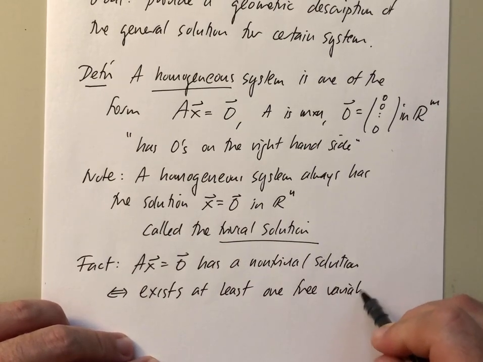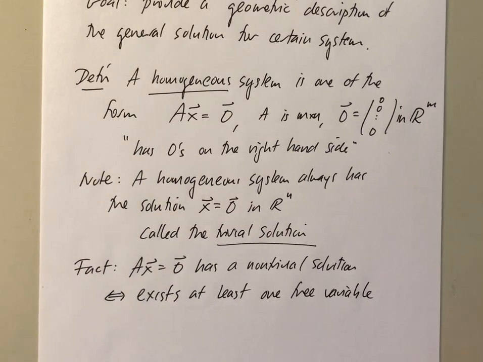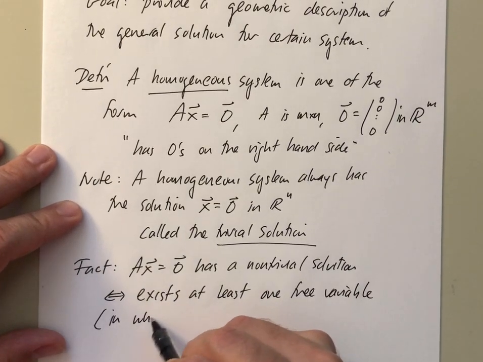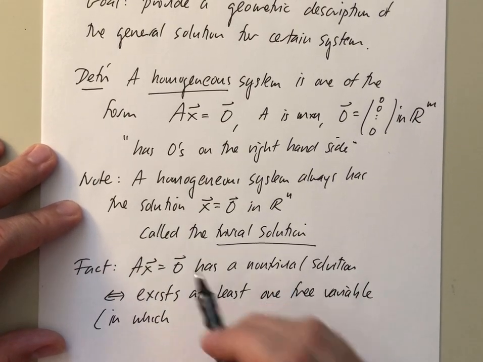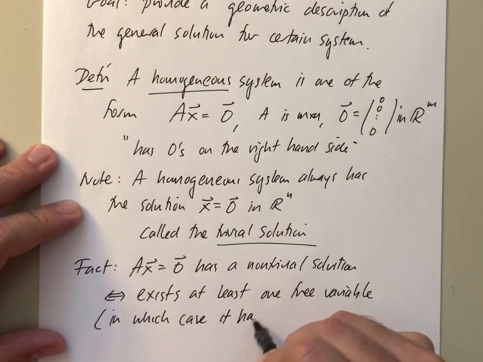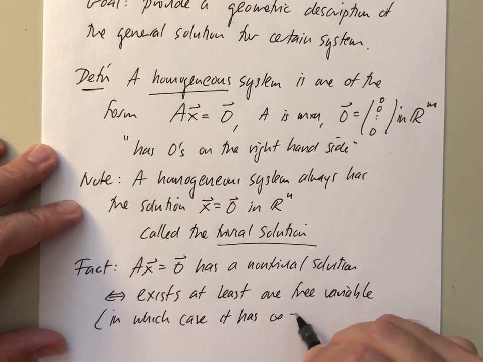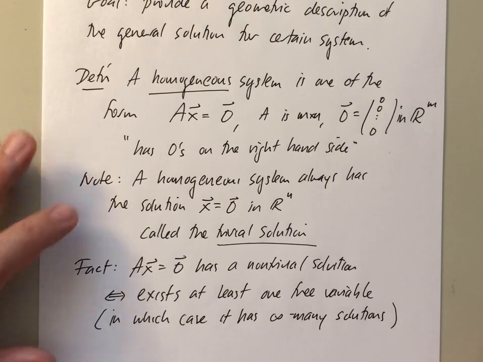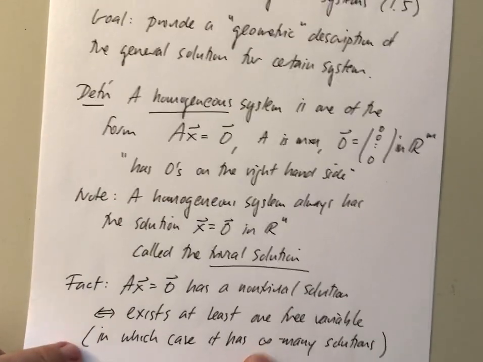So if we know this thing is consistent, we just have to look for free variables. If there is a free variable, it has an infinite number of solutions. In particular, not only does it have a non-trivial solution, it actually has infinitely many non-trivial solutions. I think I'll do this with an example, but those are the main points to realize for homogeneous systems.